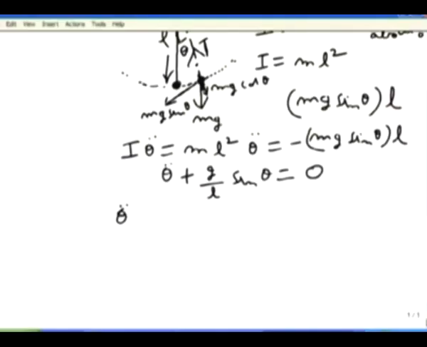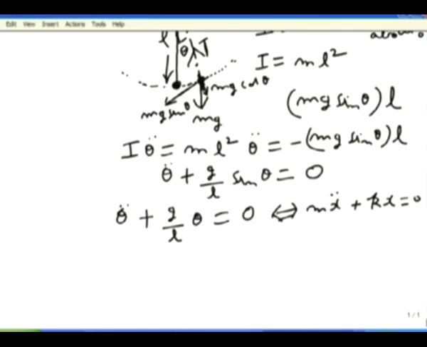So, therefore, the equation becomes theta dot dot plus g by L theta equal to 0, and this can be compared with m x dot dot plus k x equal to 0 of the spring mass system. So, you get the simple harmonic solution of that, but that is approximate.